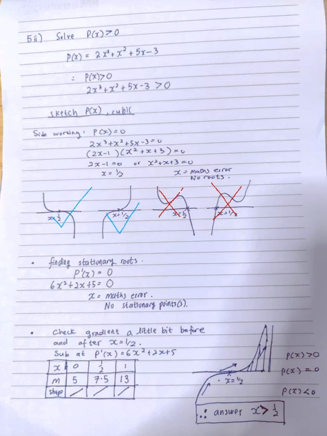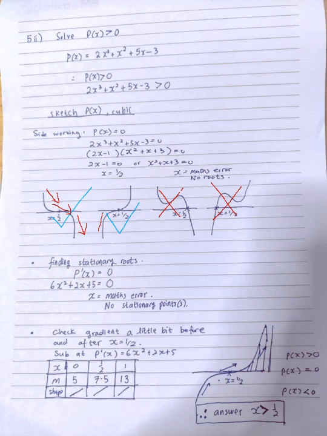No stationary point, but have one root. So now you want to check which one from these two is the correct one. For that, you're going to have to check the gradient. In the first diagram, the gradient is going down, and then the middle is going down still, and then going down again.